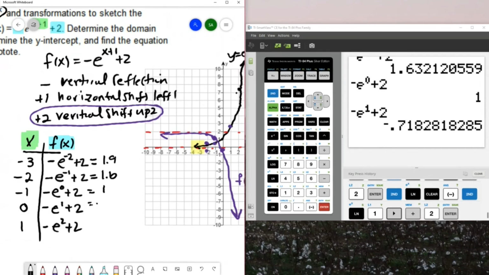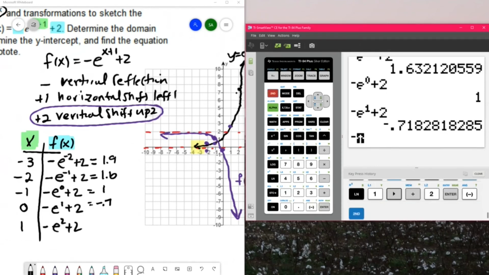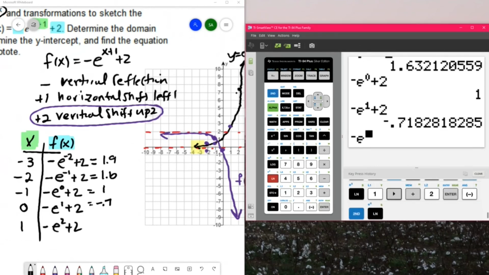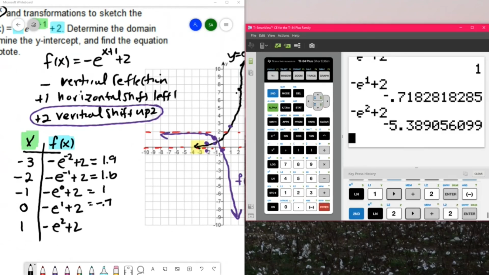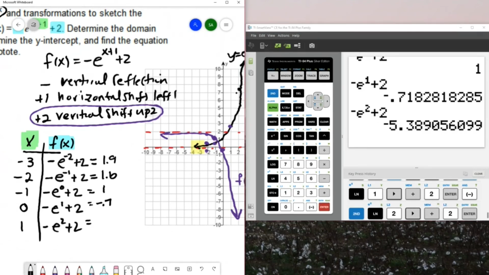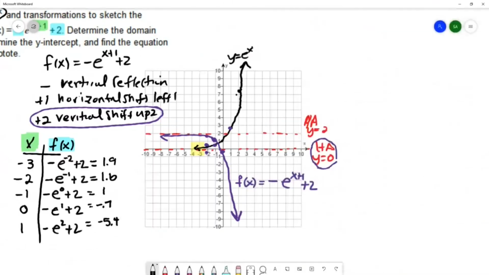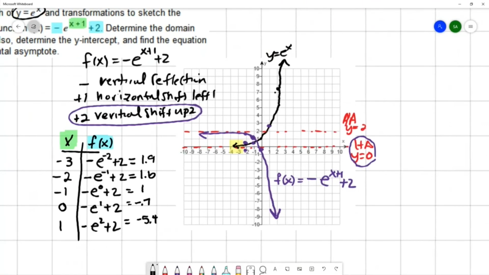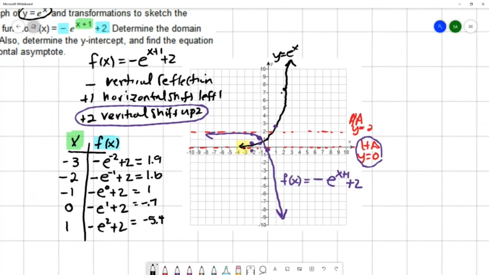And that is negative 0.7. Negative e squared plus 2 is negative 5.4. So those should match up with how we shifted the points or transformed the points using the graph.